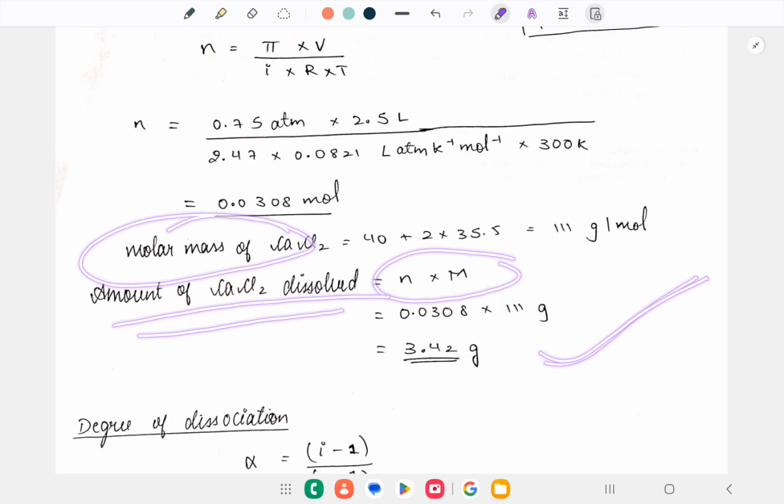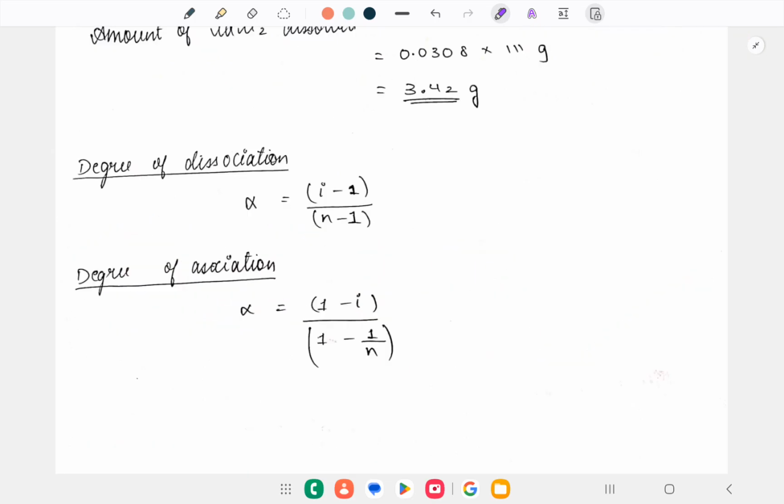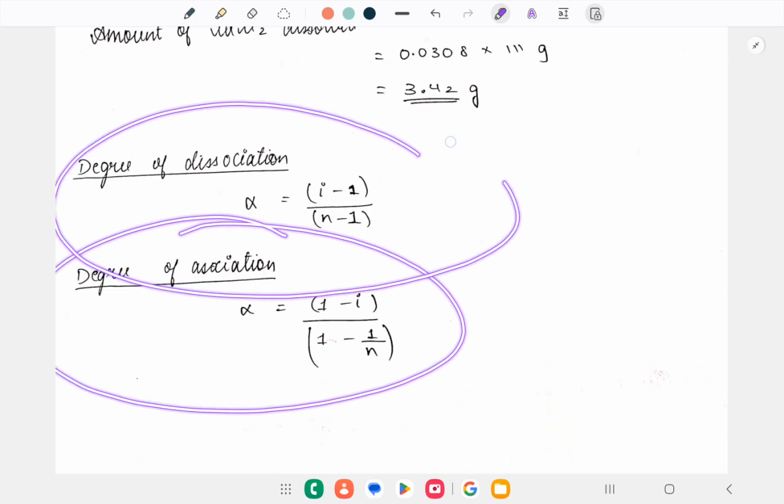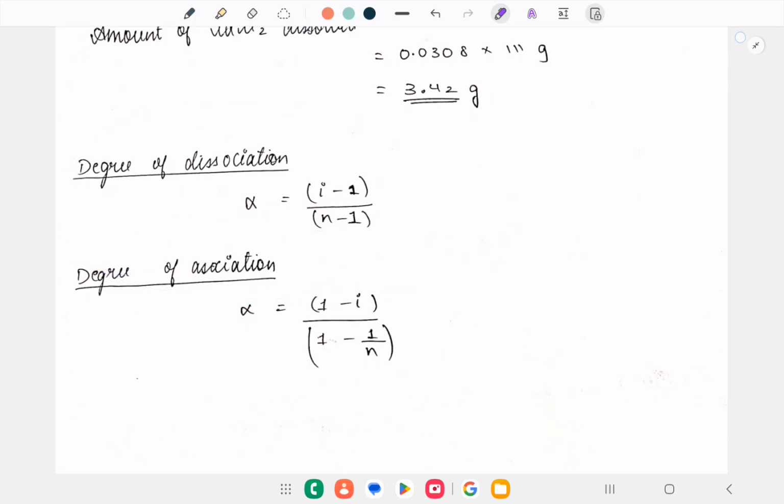Using the Van 't Hoff factor we can identify the degree of association and the degree of dissociation as well.